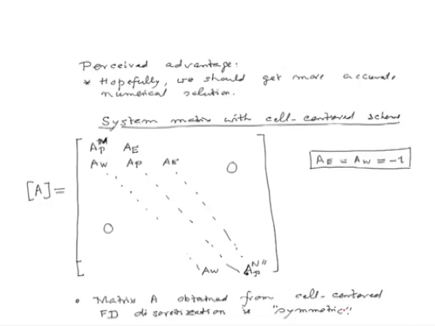This is a stark contrast with our previous formulation, where our nodes were aligned with the boundary. The first node was on the left boundary, the last node, the n plus 1th node, was on the right boundary. There we saw that the system matrix is not symmetric, but here we have got a symmetric system matrix, which has scores of advantages in numerical solution.